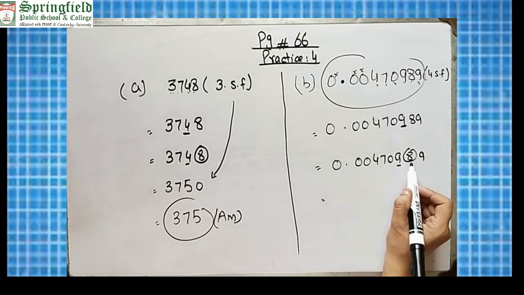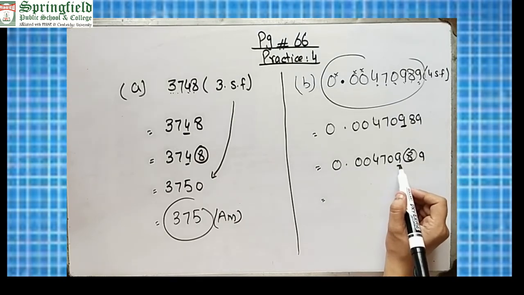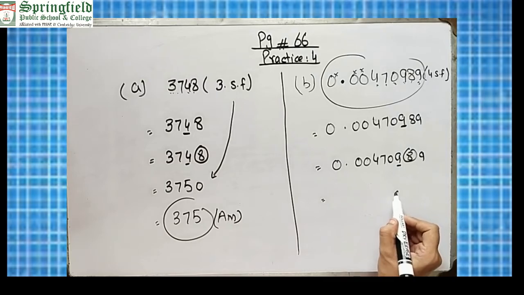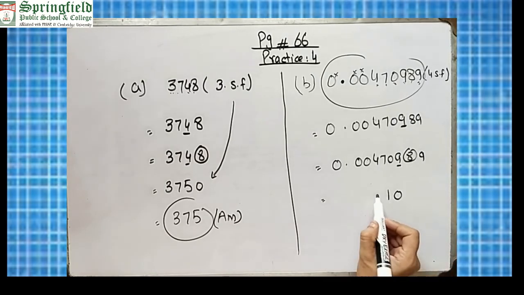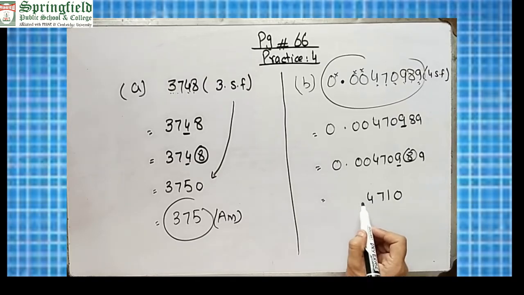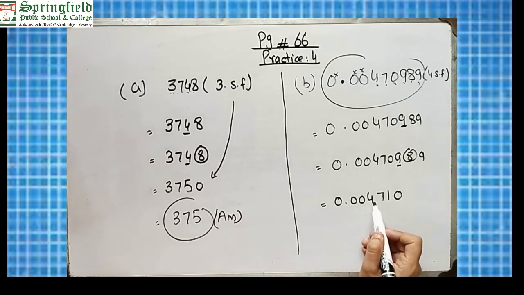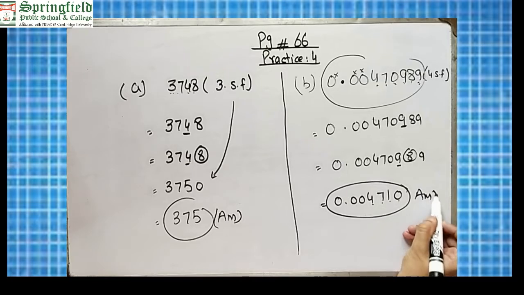If the circled digit is equal to 5 or greater than 5, then we add 1 to the underlined digit. So 8 is greater than 5. It means we will add 1 to the 9. It will become 10, write a 0, and then 1 is added to the 0. It will become 1, 7, 4, we write the same, 0.00470. And this is a 4 significant figure answer. 1, 2, 3 and 4. This is your final answer.